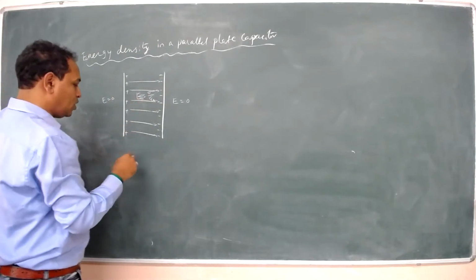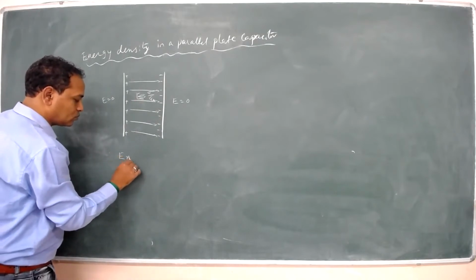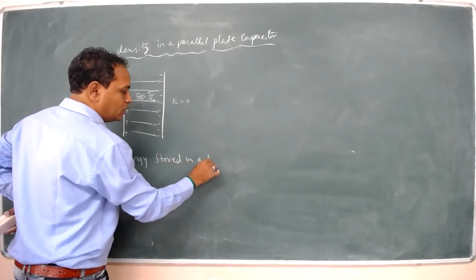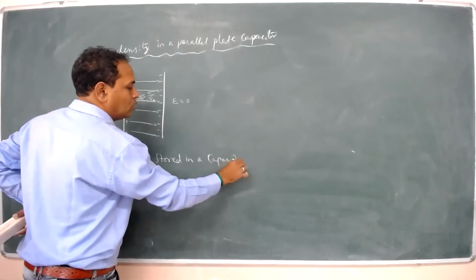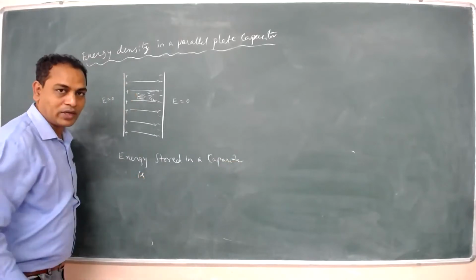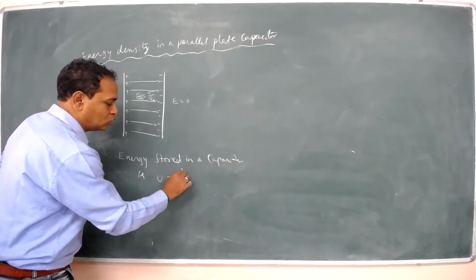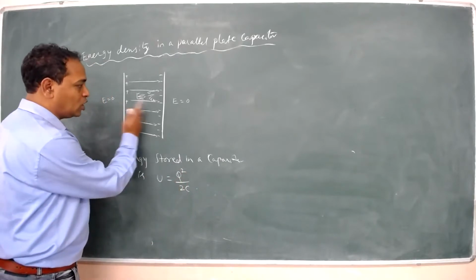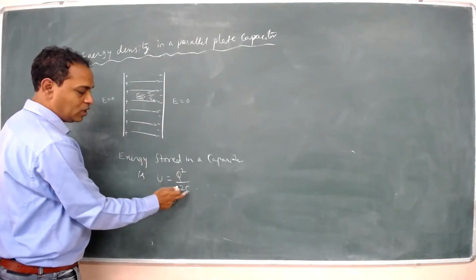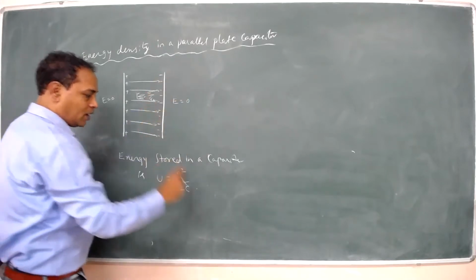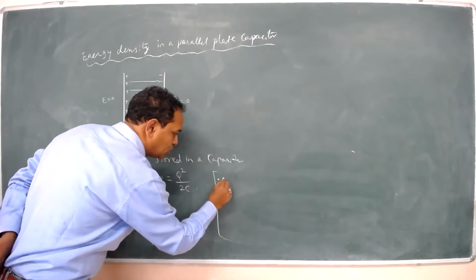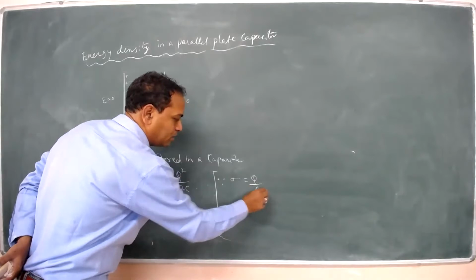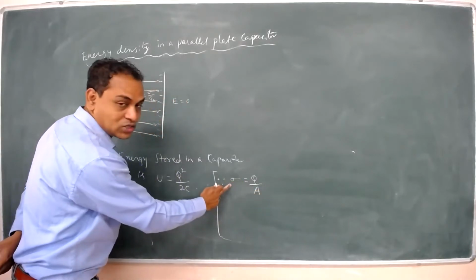Keep it like this. Therefore, the energy stored in a capacitor, as we just derived, is U equal to Q square by 2C. This is the expression for the energy stored between the two plates. We also know that sigma is equal to charge by area, called surface charge density.